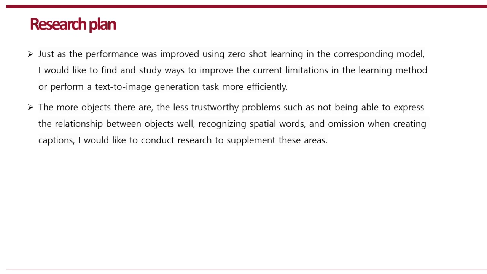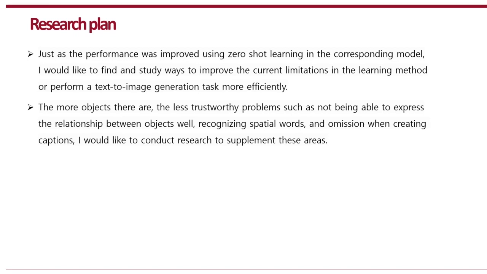The last slide is my research plan. Just as the performance was improved using zero-shot learning in the corresponding model, I'd like to find and study ways to improve the current limitations in the learning method or perform the text-to-image generation task more efficiently.